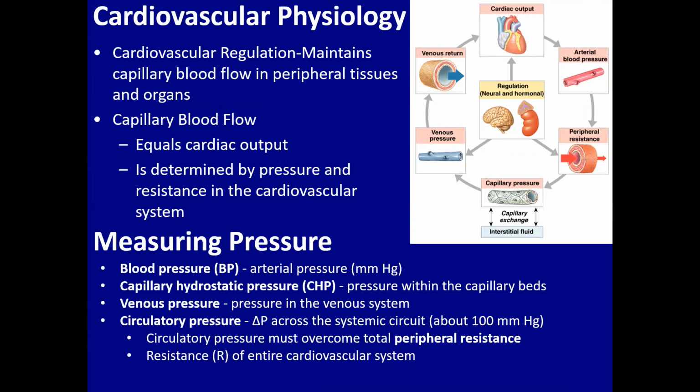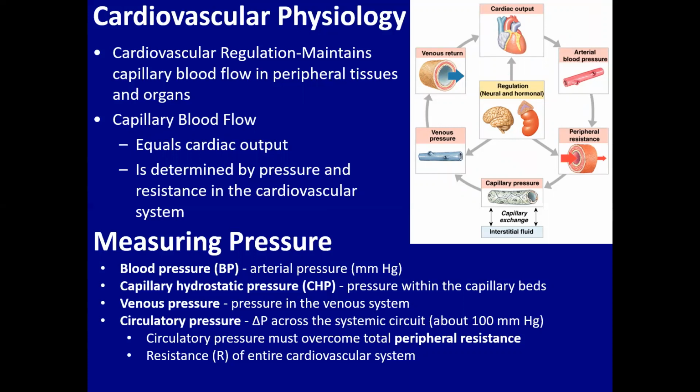So what allows for this capillary blood flow in our peripheral tissues? Well, whatever is in our capillaries has to equal cardiac output. And so this is going to be determined by blood pressure and resistance in your cardiovascular system.